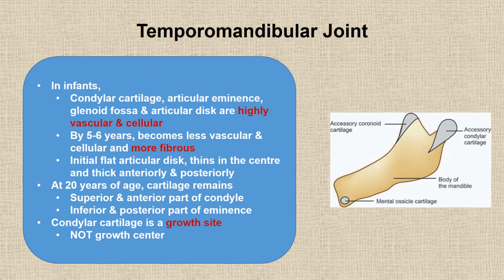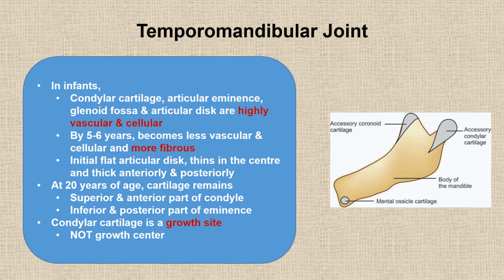Now, in infants, the condylar cartilage, articular eminence, glenoid fossa, and articular disc or meniscus are highly vascular and cellular. By 5 to 6 years, this becomes less vascular and cellular and they become more fibrous. The articular disc or meniscus, which is initially flat, thins in the center with development and becomes thick anteriorly and posteriorly.